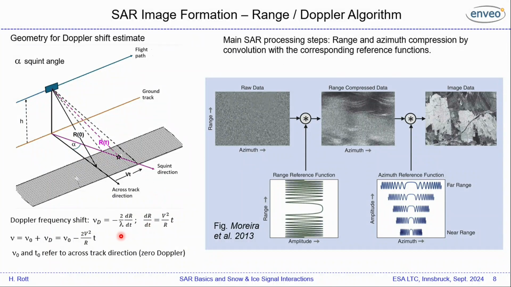And therefore, in the cross-track direction, the change of the velocity provides us the information.